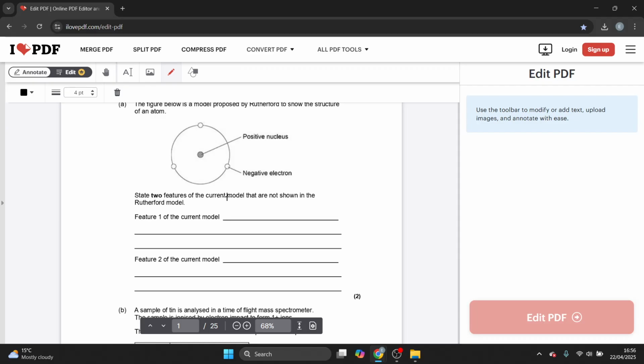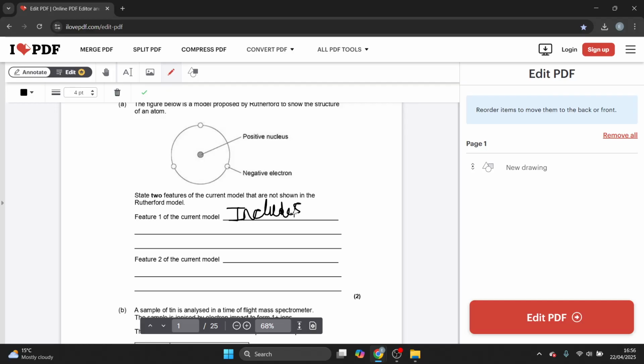Feature one of the current model is that it includes neutrons and protons. And the current model shows the electrons in different energy levels.